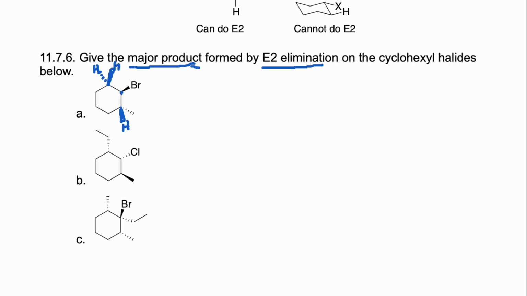So we're going to have to lose the bromide that is pointing up and the hydrogen that is pointing down. So out of the three hydrogens that are around it, we need to lose this one. And that's going to form the less substituted alkene product, but that is the only one that can be formed by an E2 mechanism. And that is what it looks like there. I haven't drawn the other hydrogens in, but you can if you want to.